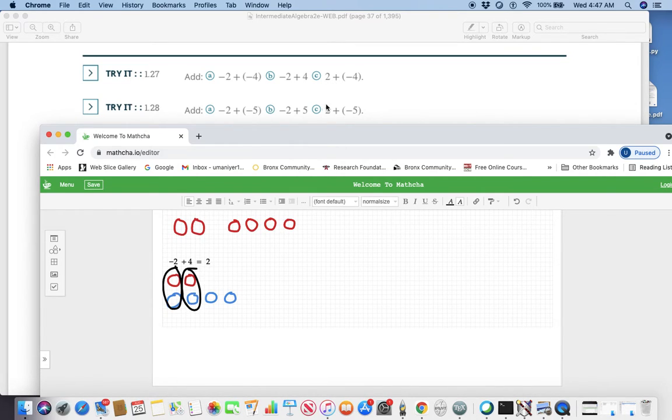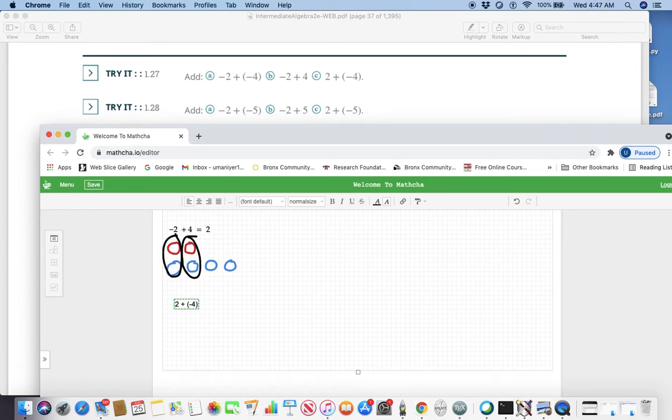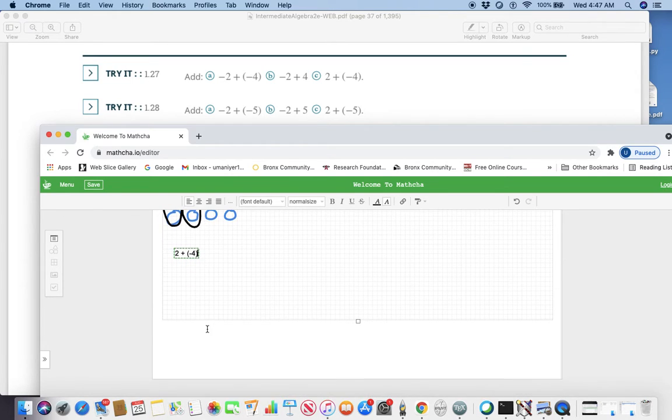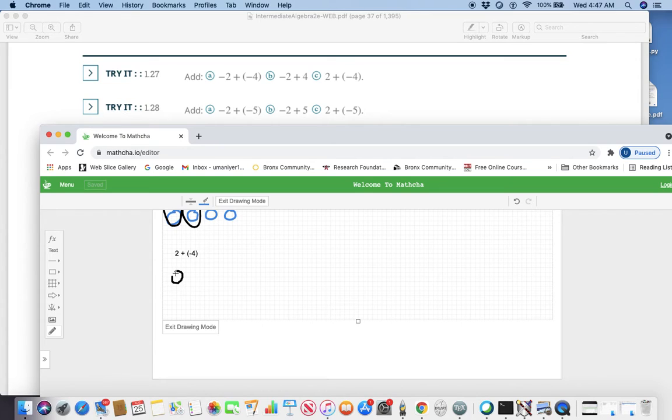All right. Likewise, 2 plus -4. You see, 2 plus -4 is quite similar to what we just did. Two plus parentheses -4. What do we do? For 2, that's a positive number, you are going to use blue counters. 1, 2.